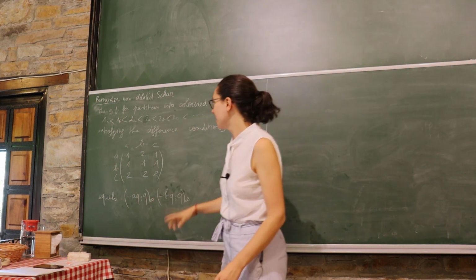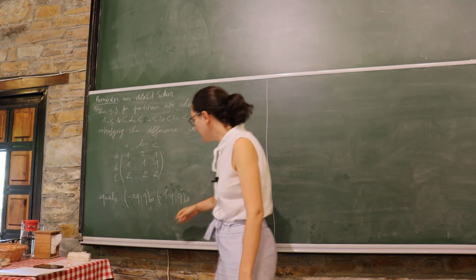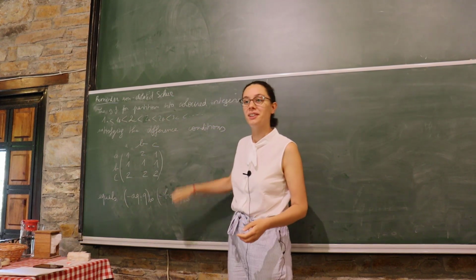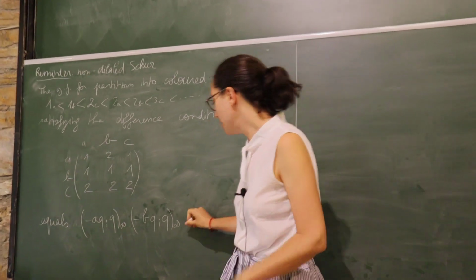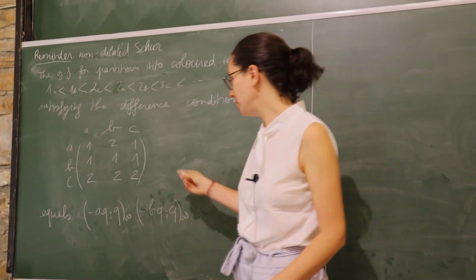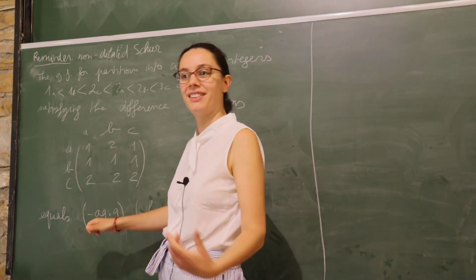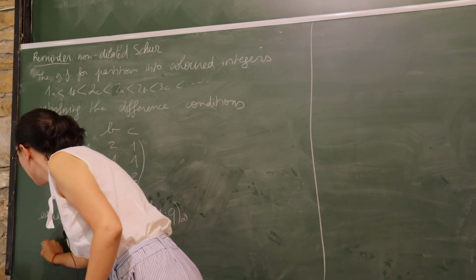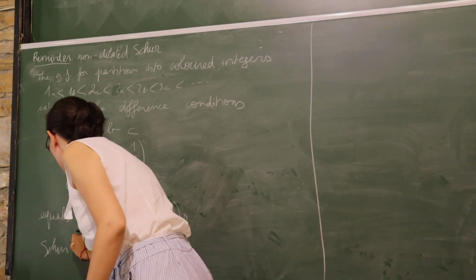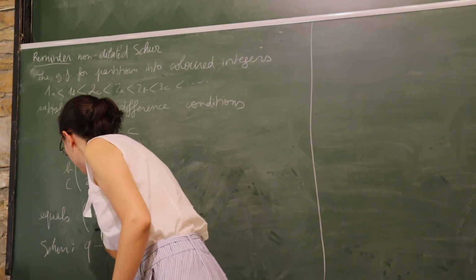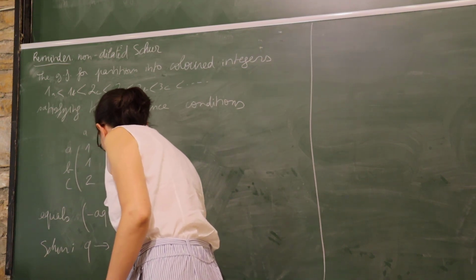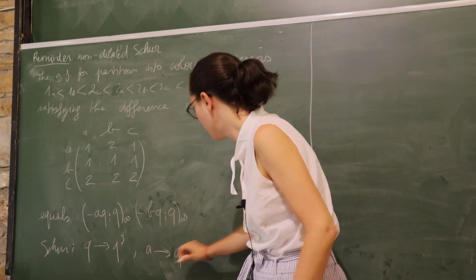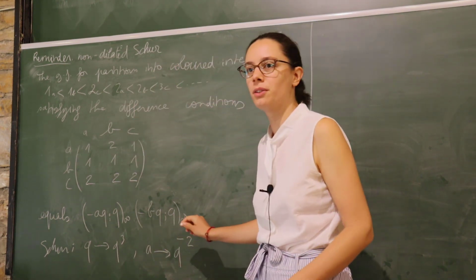But actually, not exactly, because here I copied the non-dilated version of Schur's theorem that we saw yesterday. So if you want to find Schur's theorem, you can do some dilations that I told you yesterday, which correspond on those variables to replacing Q by Q^3, and if you want to find Schur, you just replace A by Q minus 2.